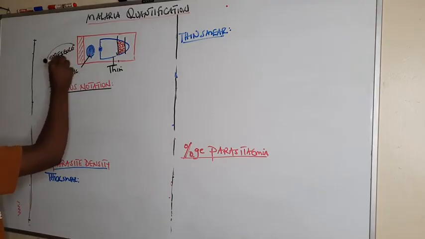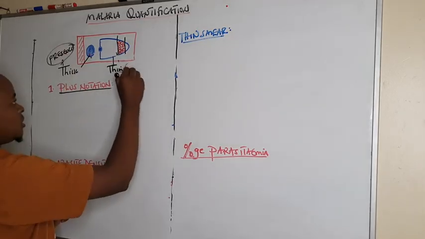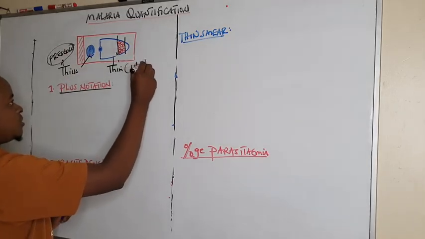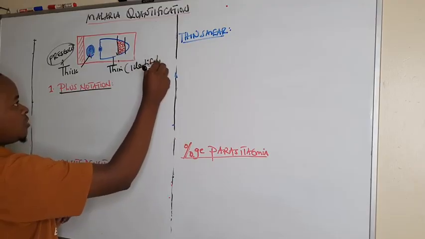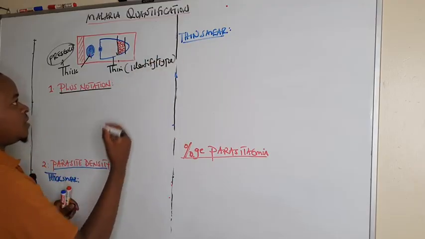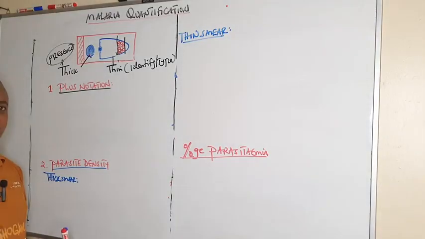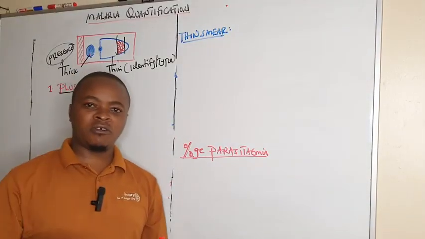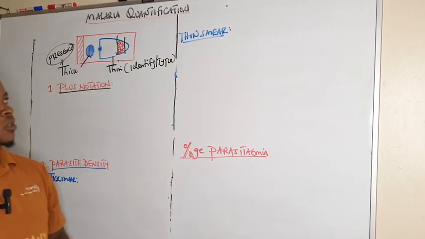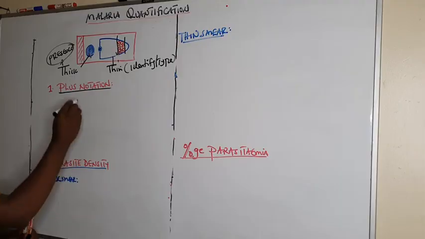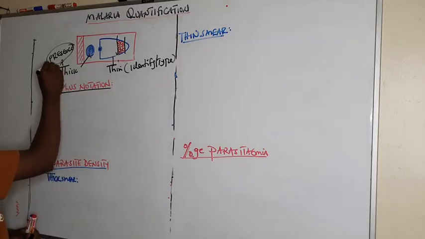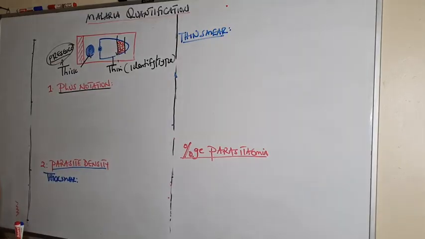This one detects the presence, then the thin one is used to identify the species, to type or classify if it is P. malariae, P. vivax, P. ovale, or P. falciparum.